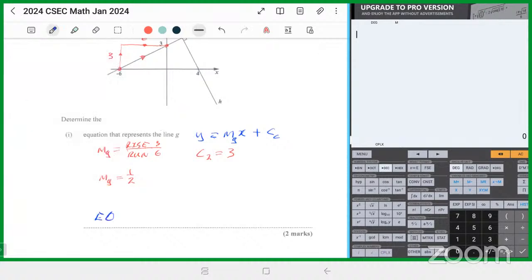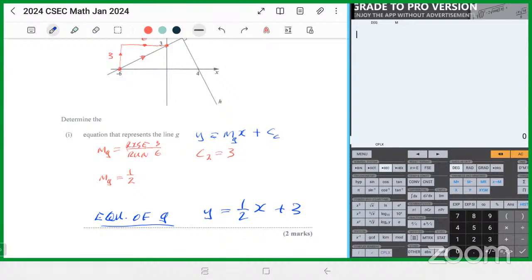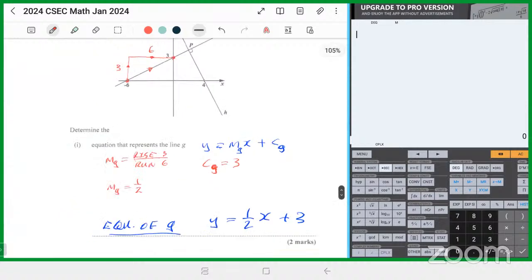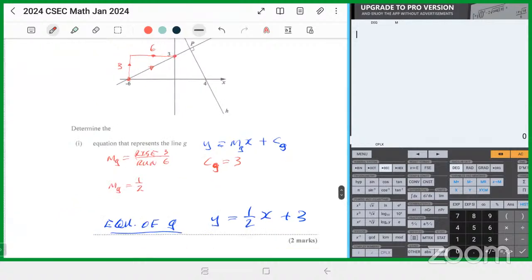The equation of line G becomes y equals half x plus 3. So I've placed the half here for the m, and we have placed 3 here for the c. All right, gradient and y-axis intercept gives us the equation.